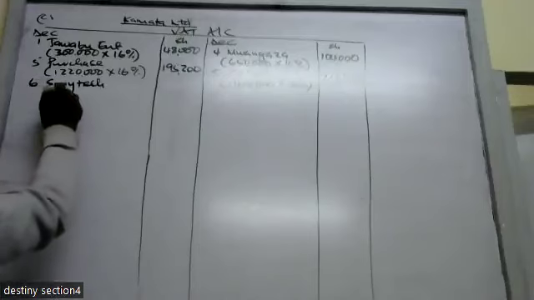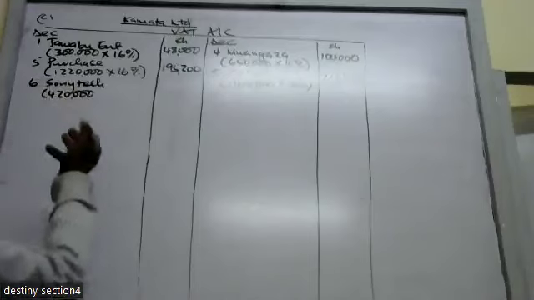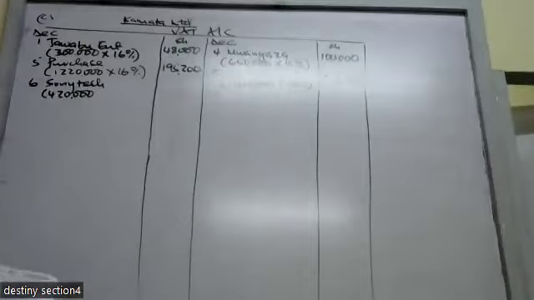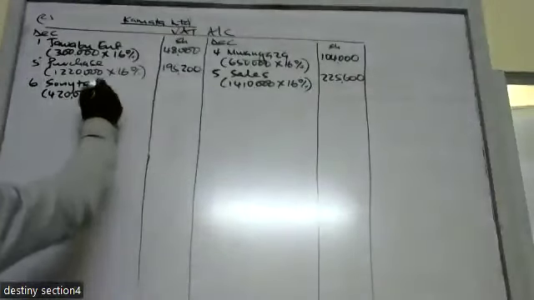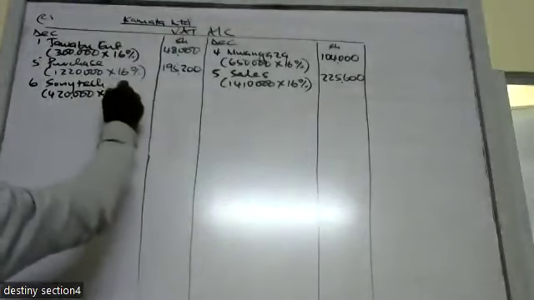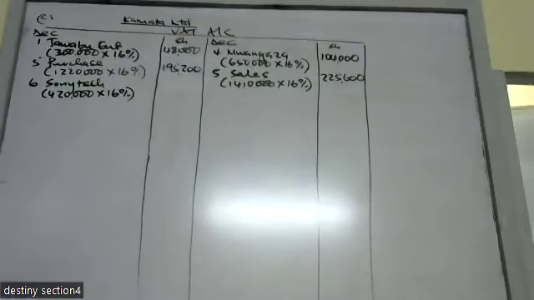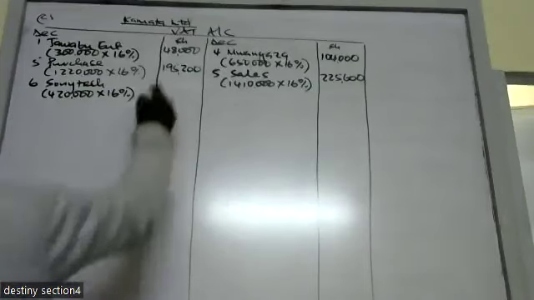They have not given us duty. If they had given us customs duty, the first thing we would do is charge customs, and then charge VAT. They have not given us customs, so you just multiply 420 by 16% for Sonitech. So 67,200 is a debit.